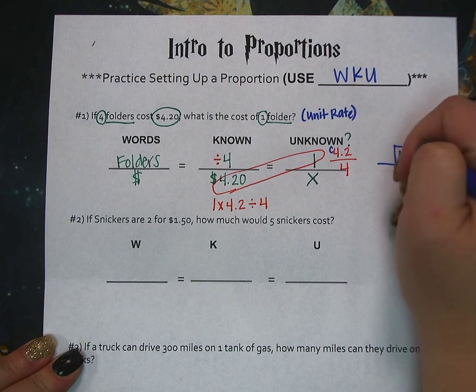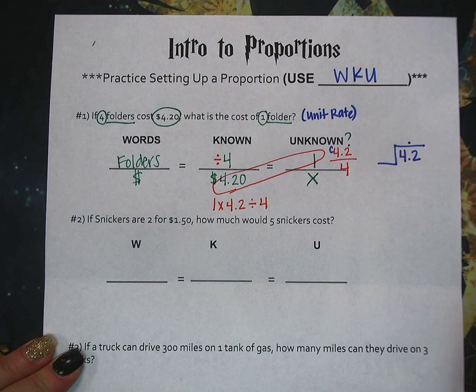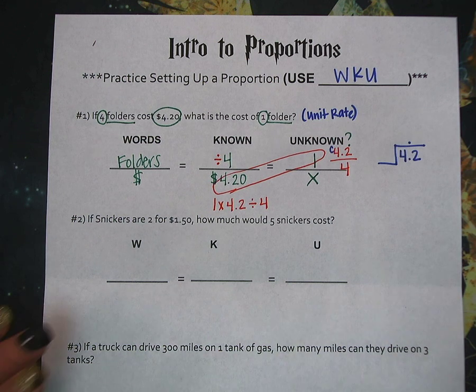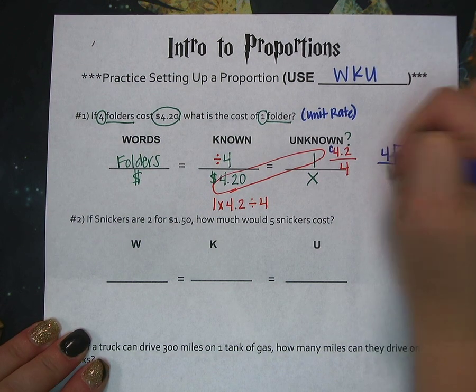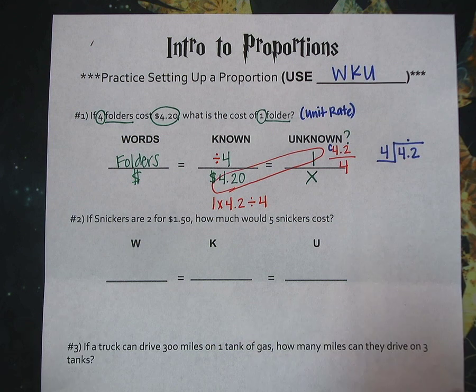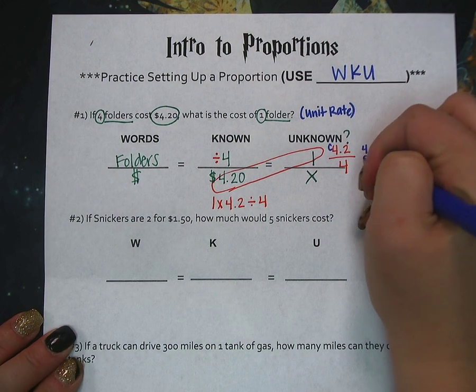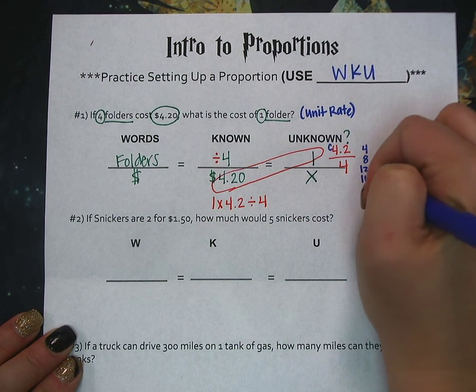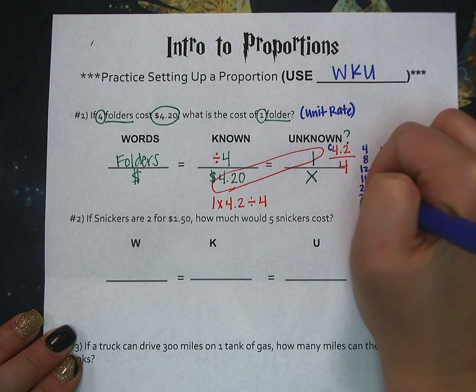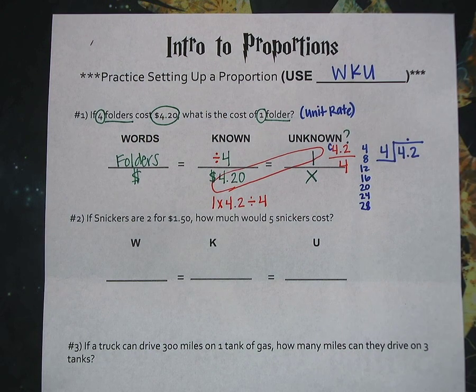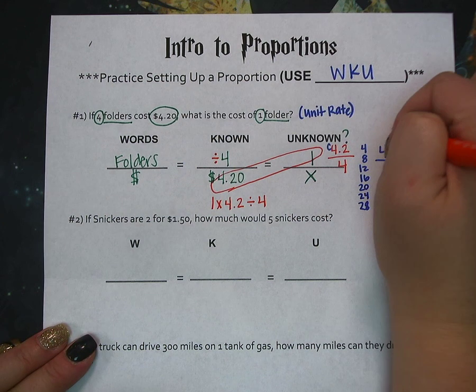So I have 4.2. My cowboy can always have a decimal. That's fine. But my horse cannot, so I need to make sure it's a whole horse. We're good. I can write out my 4s: 4, 8, 12, 16, 20, 24, 28, and so on. And then I can set my table if I need to.